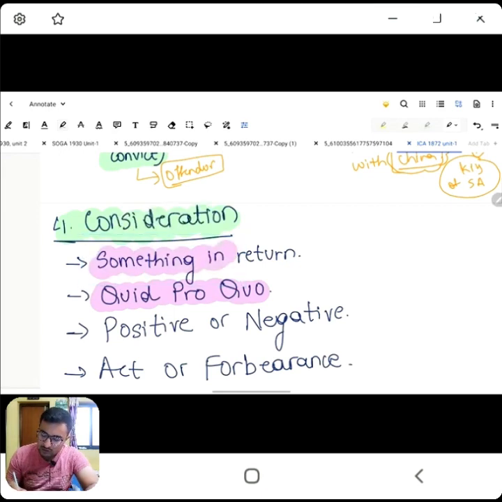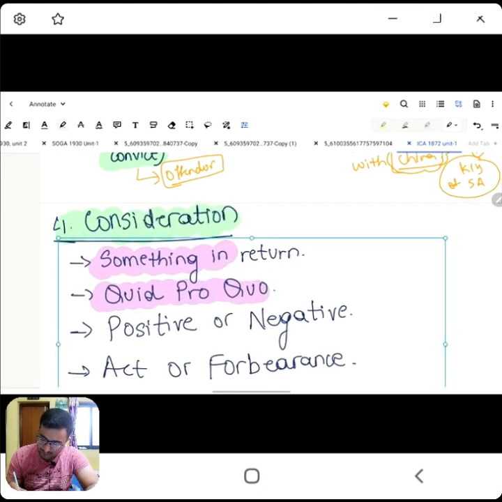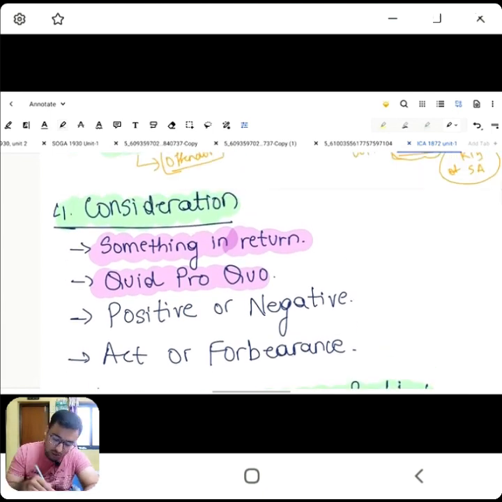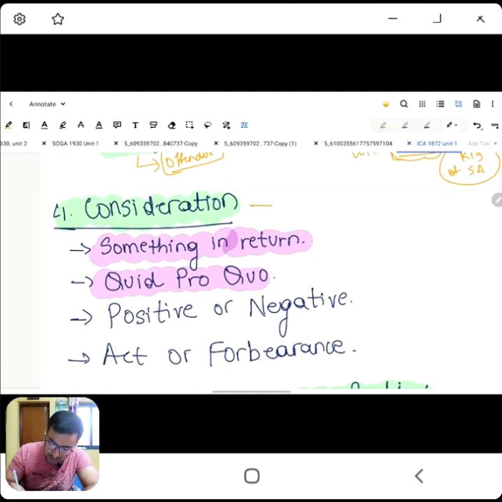So when there is no consideration, when there is nothing in return, when I am saying I'll teach you law, but you're not paying me money, is it going to be a contract? No, there cannot be a contract without consideration. So we can simply say no consideration, no contract.